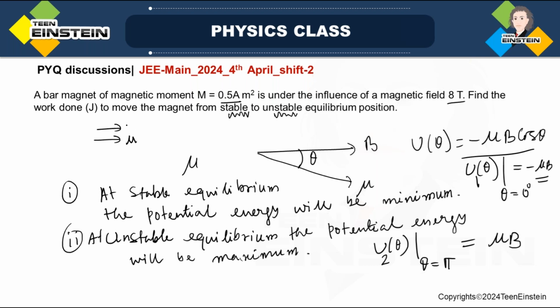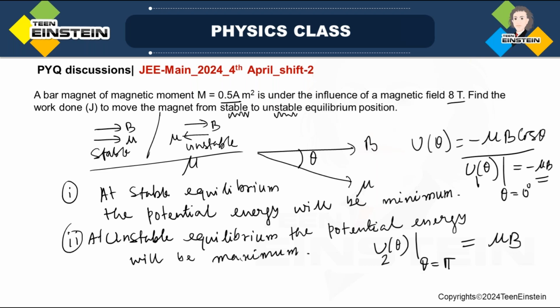If this is mu and this is the direction of magnetic field, when the magnetic moment or the bar magnet is along the direction of magnetic field, then it is in stable equilibrium. And if the magnetic field is this way and the magnetic moment or the bar magnet is placed in this fashion, then it is unstable equilibrium.